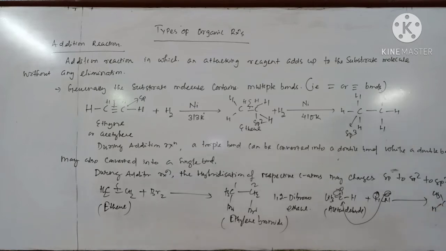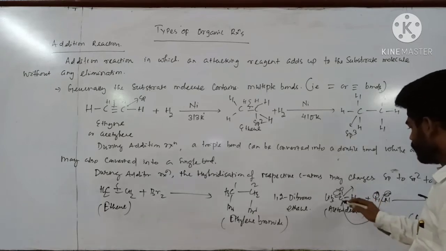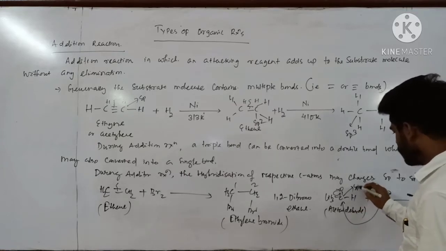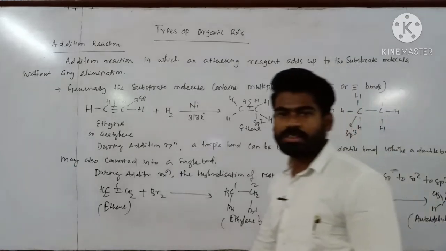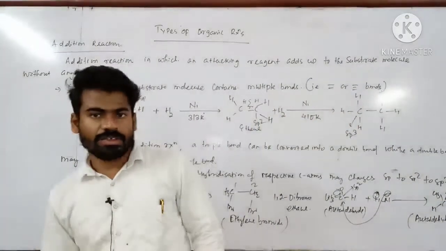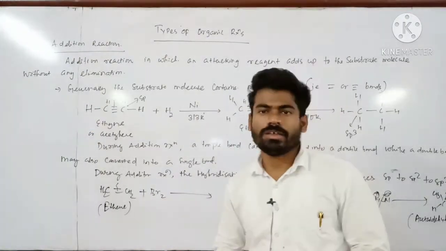This is called acetaldehyde cyanohydrin. Initially the hybridization of this substrate acetaldehyde was sp2, but here it is again converted into sp3. So this is regarding your addition reaction.